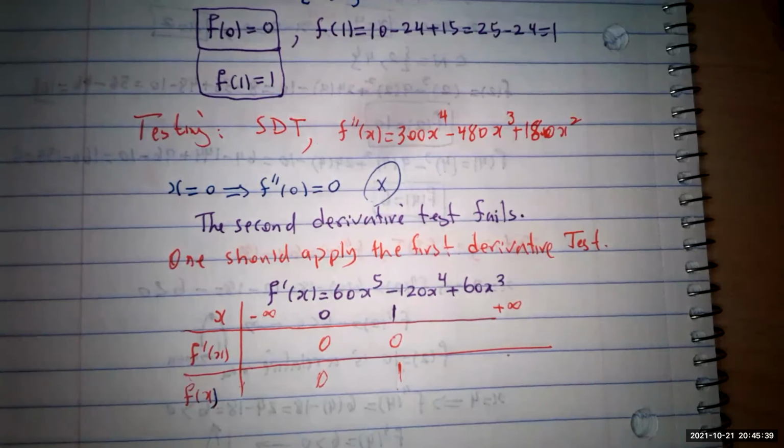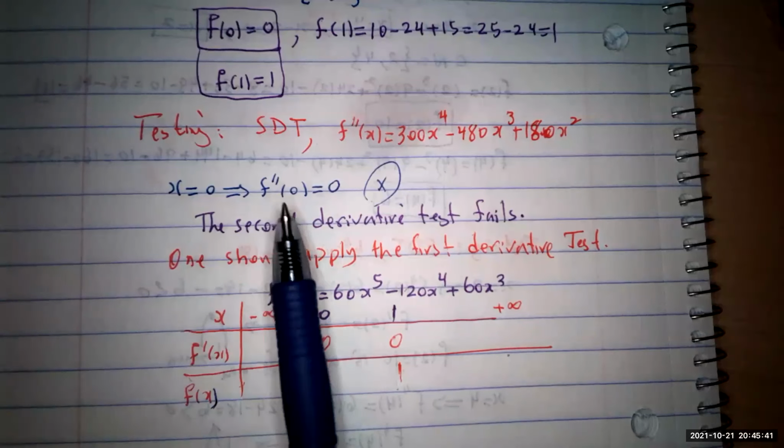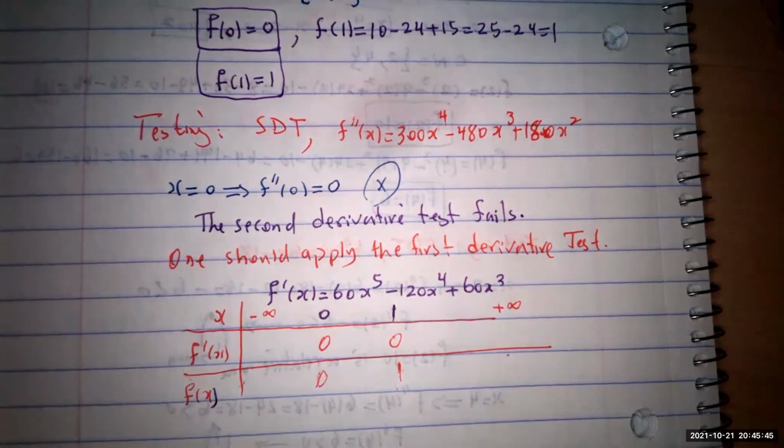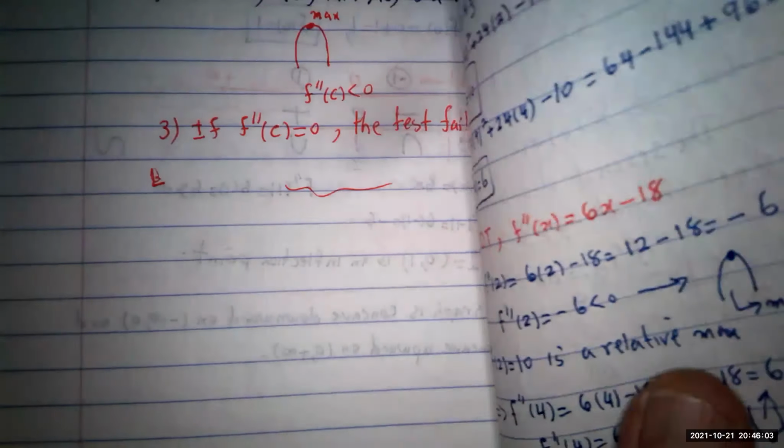The second derivative test fails because it's equal to 0. In the case of the second derivative test, you must have a positive number or a negative number. If it's positive, your graph is going to be curving upward. If it's negative, your graph would be curving down. We talk about it when we discuss the test. You see, that's it.